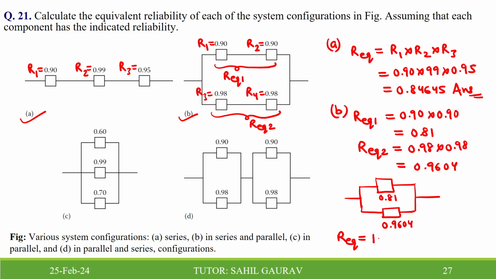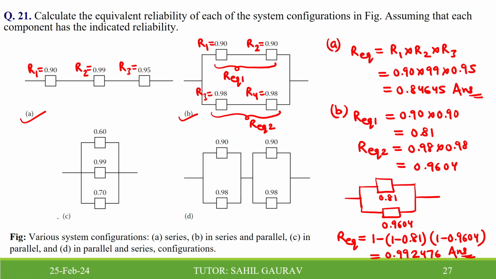We know that you have to subtract from 1, so 1 minus, and again in brackets 1 minus the reliability of the first component 0.81, and then 1 minus 0.9604. So you will get 0.992476. This is the answer for the B block diagram.